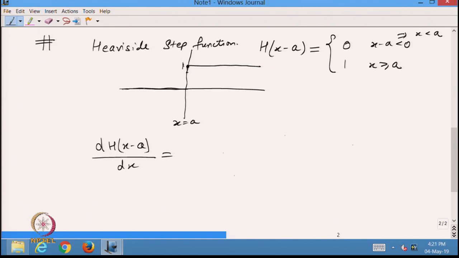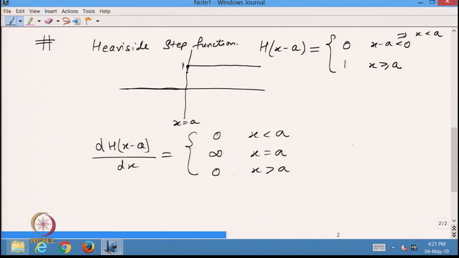But if we take x less than a, the function is parallel to the x axis, so its derivative will be 0. For x greater than a, the derivative will also be 0 because it is parallel to the x axis, and here we have a jump. So if I want to find the slope here, that is infinity. So this will be 0 when x is less than a, infinity when x is equal to a, and again 0 when x is greater than a.